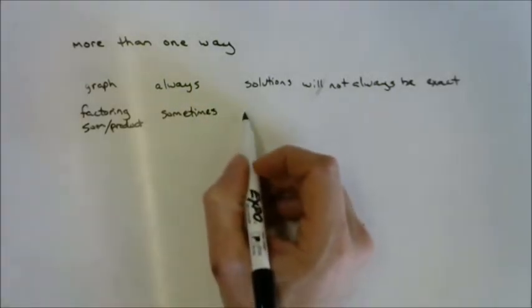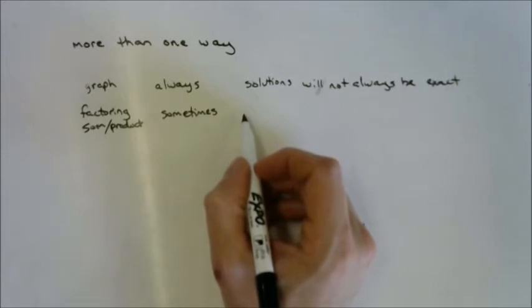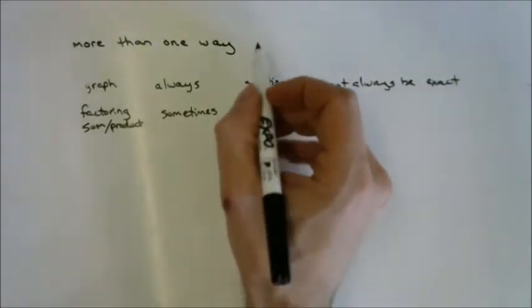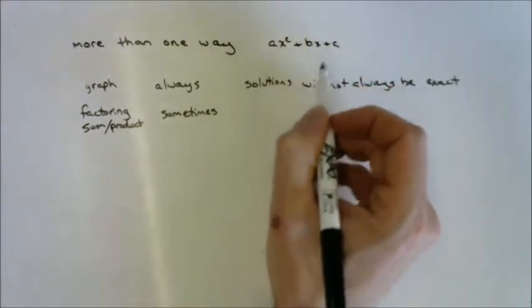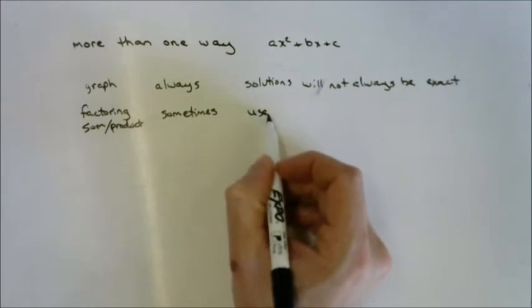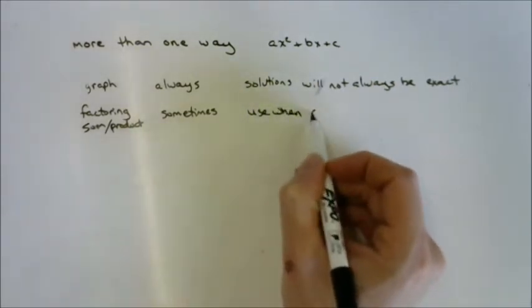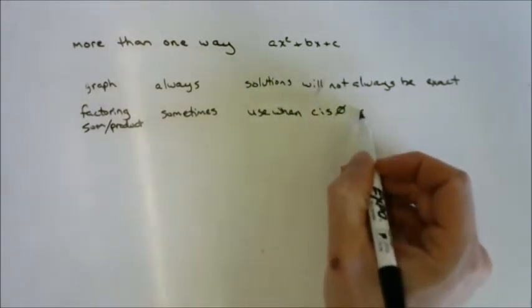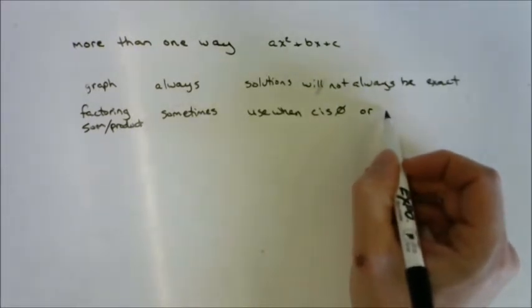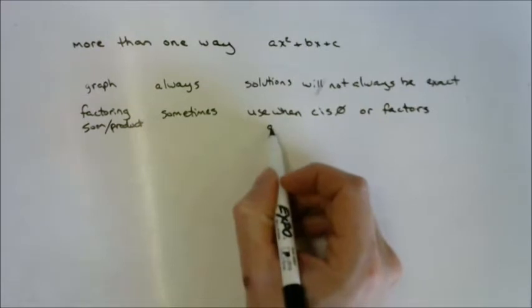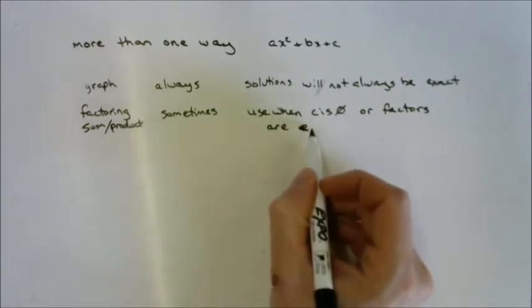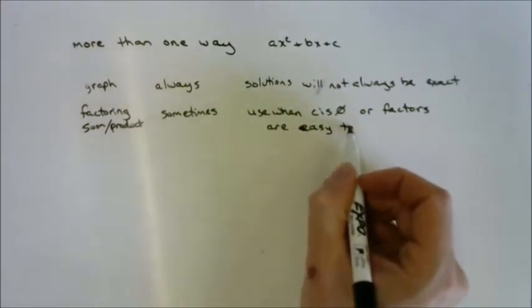and if there was a greatest common factor, that would mean there's only 2 terms, and that would mean c is 0, right? If we're thinking about ax squared plus bx plus c. So you can use it when c is 0, or factors are easy to find.